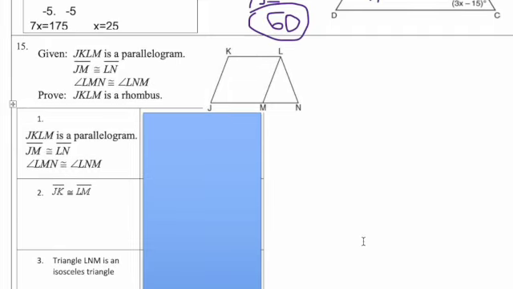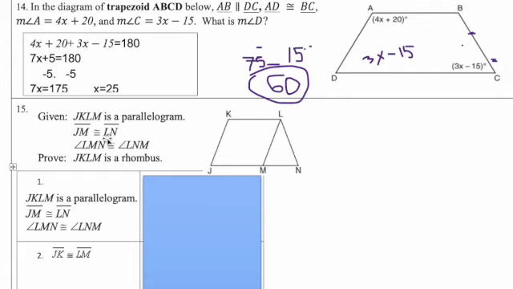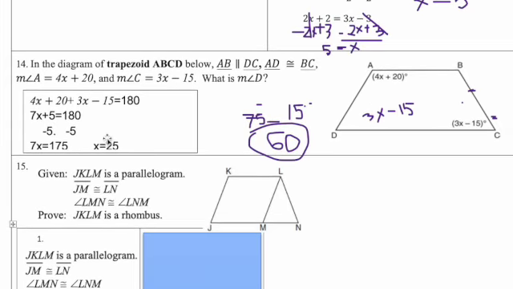All right, so we have JKLM is a parallelogram. JM is congruent to LN. Angle LMN is congruent to angle LNM. That's what's given to us, and we need to prove JKLM is a rhombus.